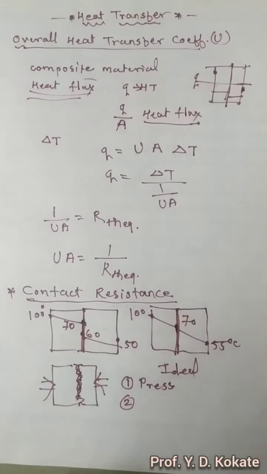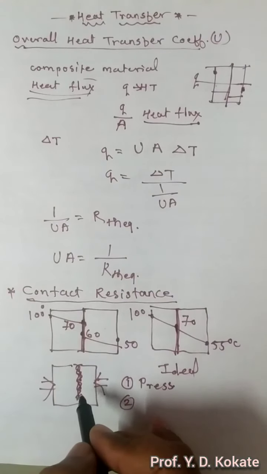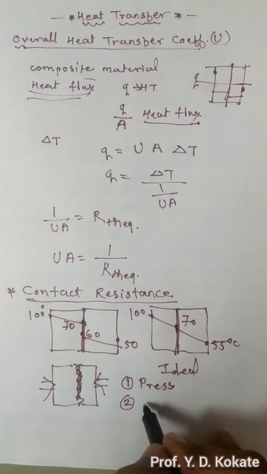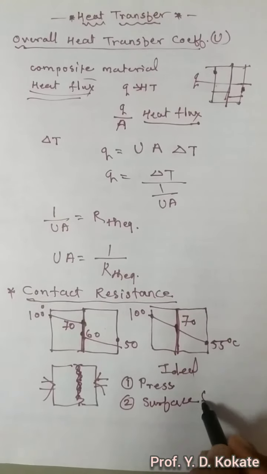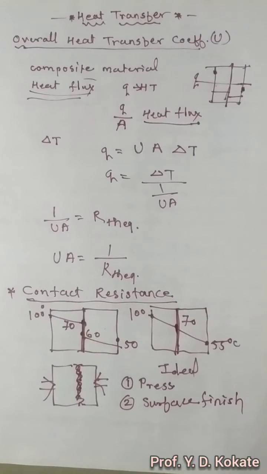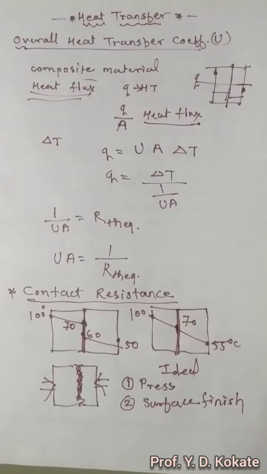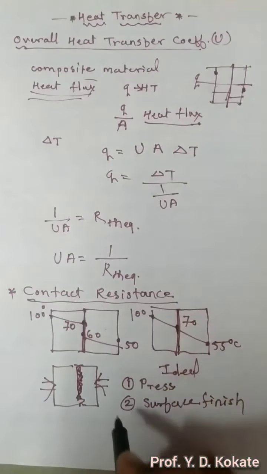Second method, we can increase the smoothness so that there will be no void spaces. So by increasing the surface finish, ultimately there will be a decrease in void spaces, and contact resistance will be reduced.